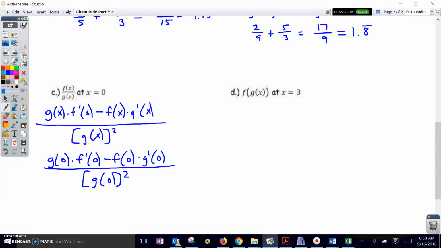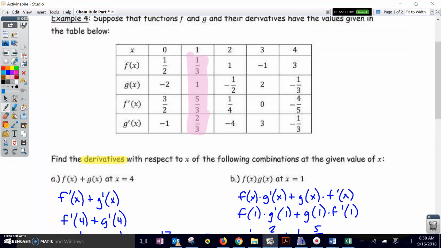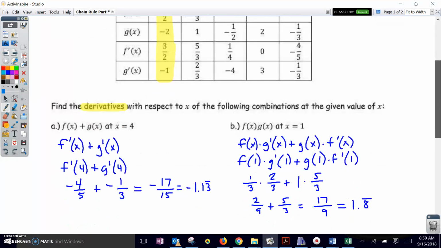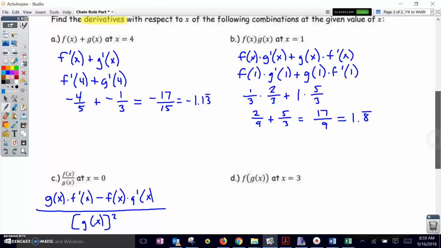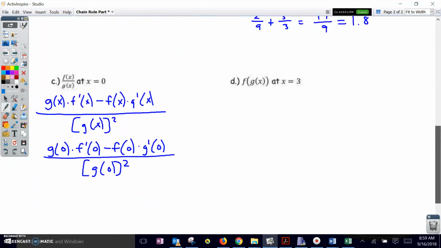I'm going to have to scroll back and forth up to my table here to gather these values. We're looking for all the values in the 0 column. So we're looking for these values right here to answer this question. Alright, so let's see, what do I need first? I need g of 0, that's negative 2.